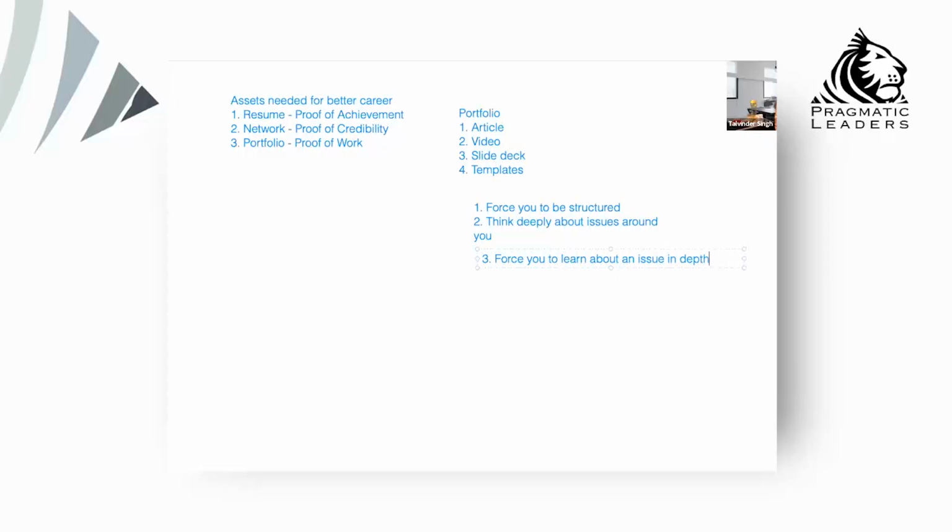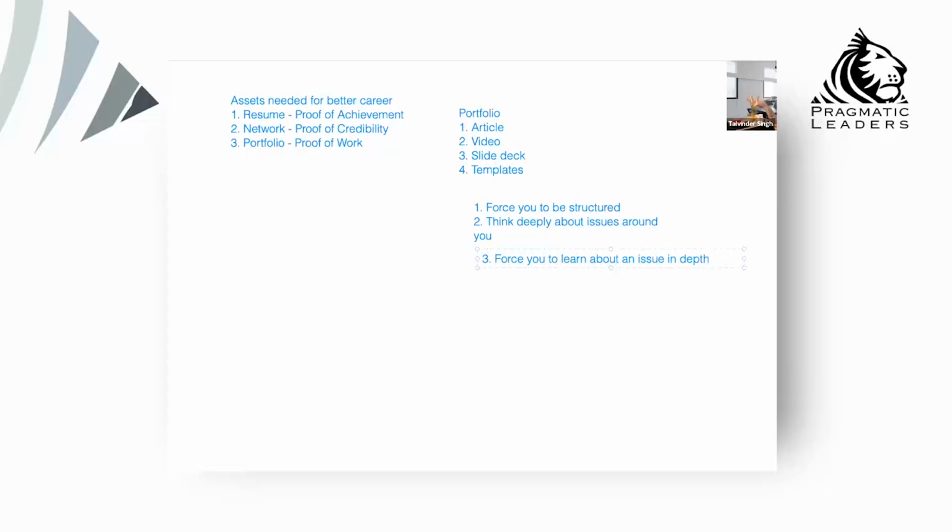And number three, the most important one, this helps you build a portfolio above and beyond your resume and your network. Why is it important? A lot of you, for example, might have applied and might have been rejected, right?